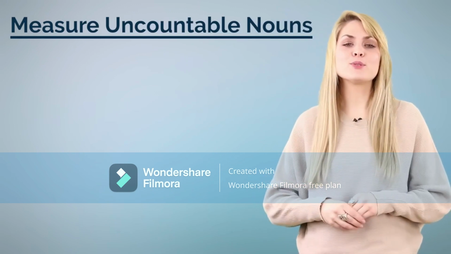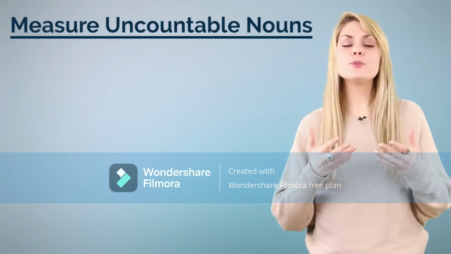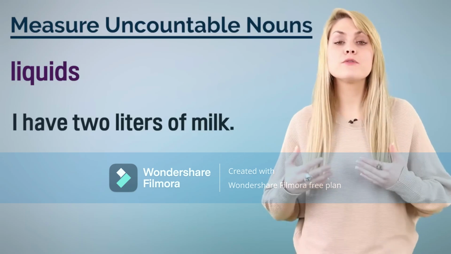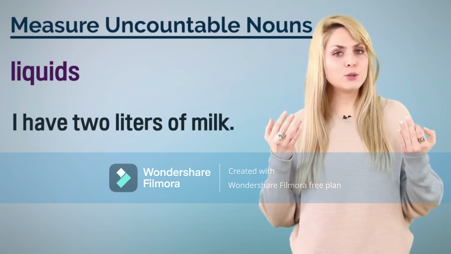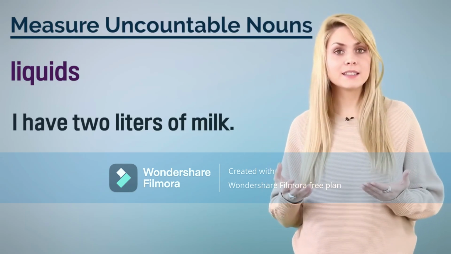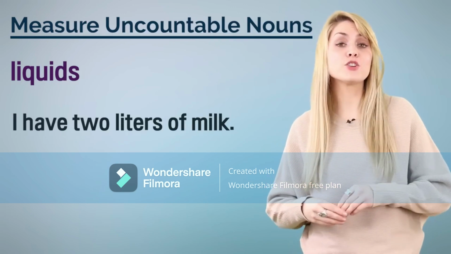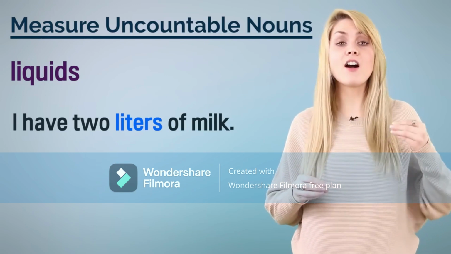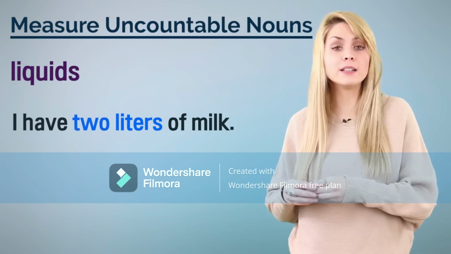Let's look at examples. For example, if we take liquids, I have 2 liters of milk. Now, you cannot count milk, but you can measure milk and you can count liters. So you can say, I have 2 liters of milk.